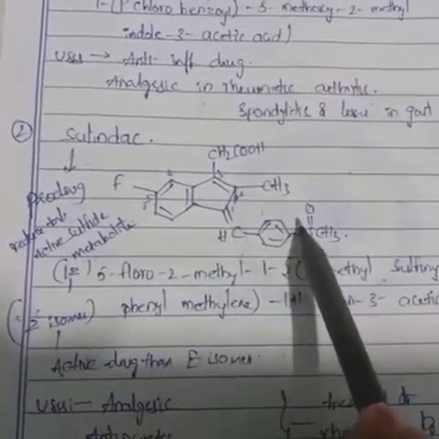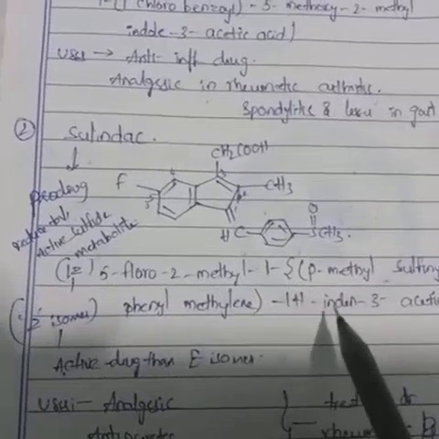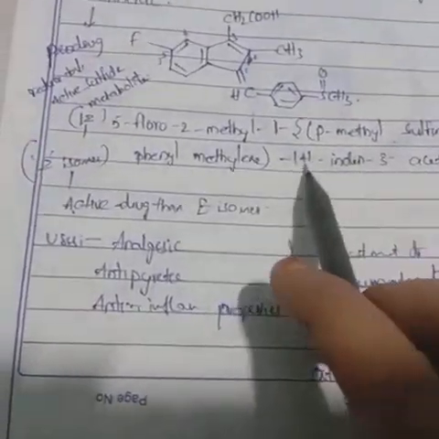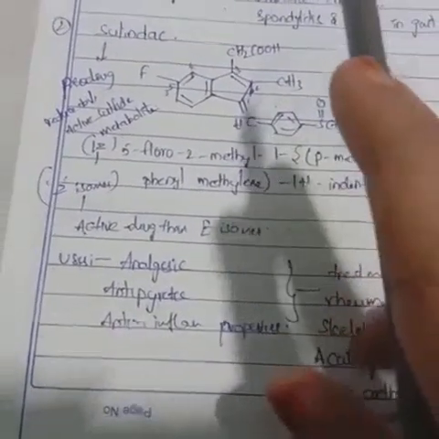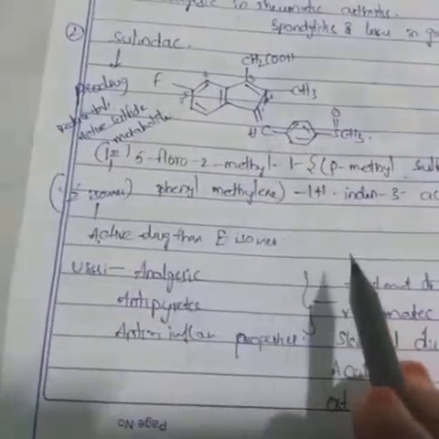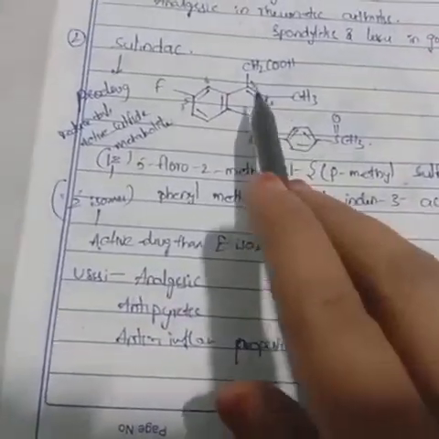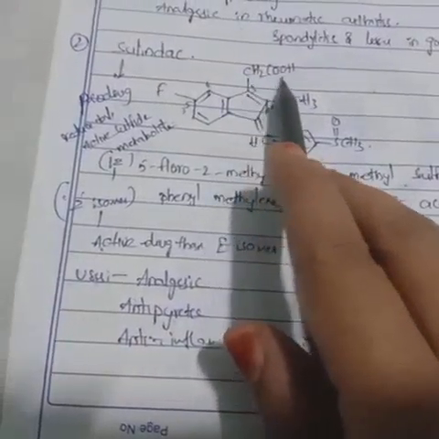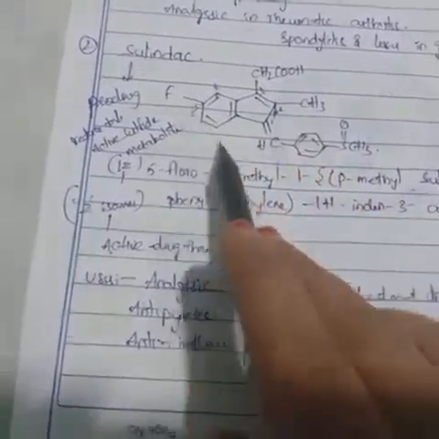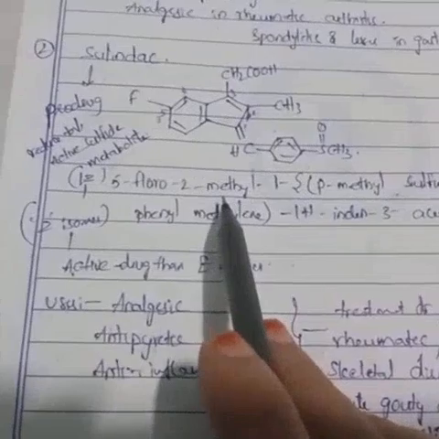So this is the phenyl group, and a methylene group is there. 1H-indene: indole is there in the Indomethacin, here in Sulindac indene is there. 3-acetic acid: at the third position acetic acid, CH3COOH, right? And 1 hydrogen is replaced by all these groups. Okay, this is the IUPAC name for this Sulindac.